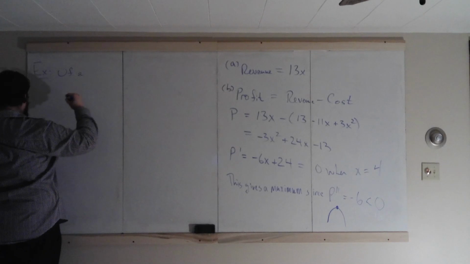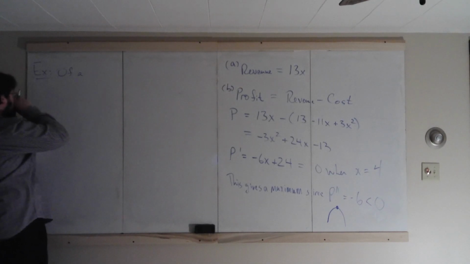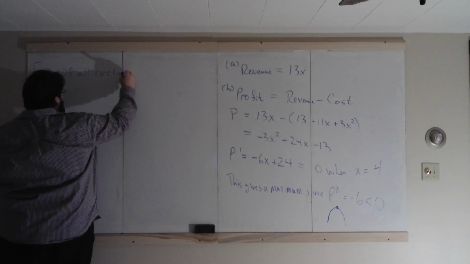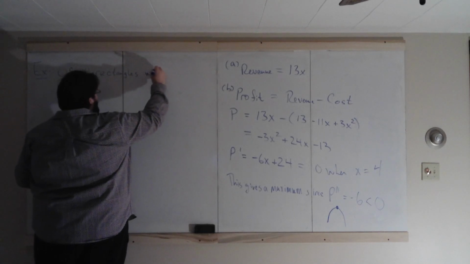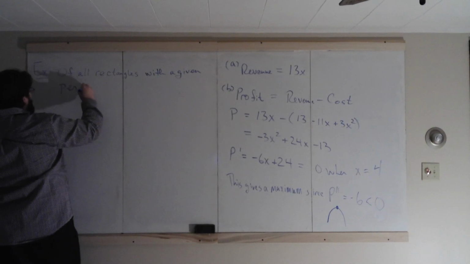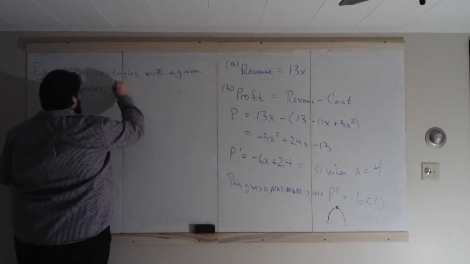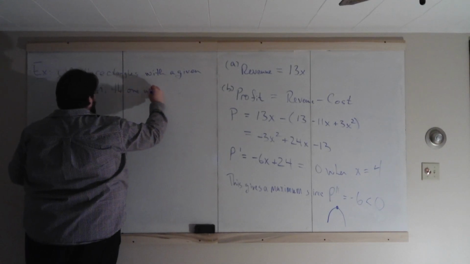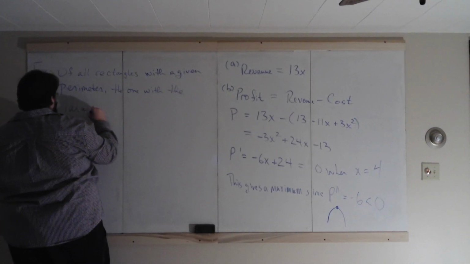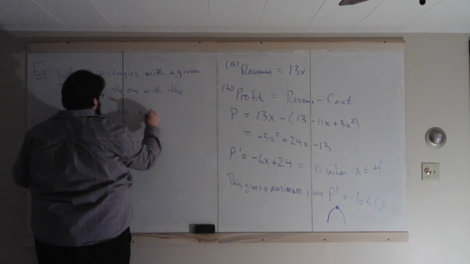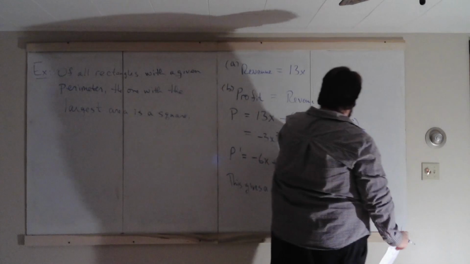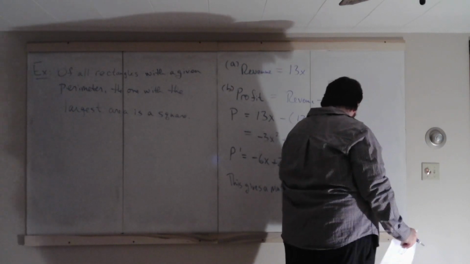Prove this statement: of all rectangles with a given perimeter, the one with the largest area is a square.